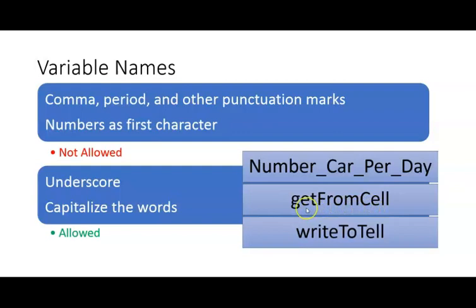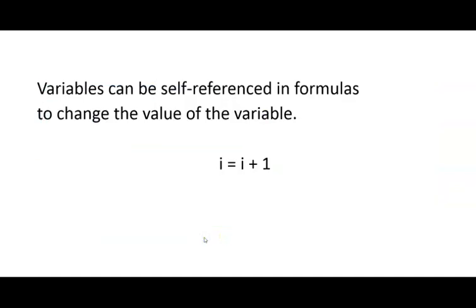In this case, the first word is not capitalized. Variables can be self-referenced in formulas to change the value of the variable. So while a program is running, the value of a variable might change several times.